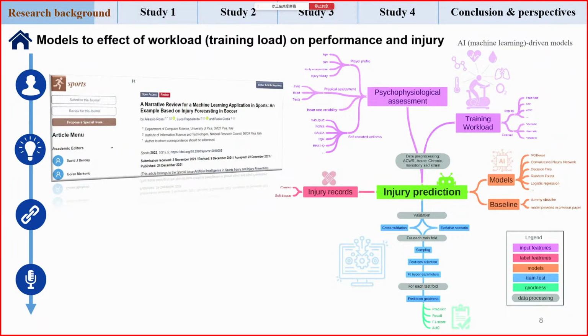And the orange area shows multiple machine learning models. And the blue area is responsible for training, validating, and testing the model. And the green area sets the evaluation metrics. And the gray area is the data preprocessing.